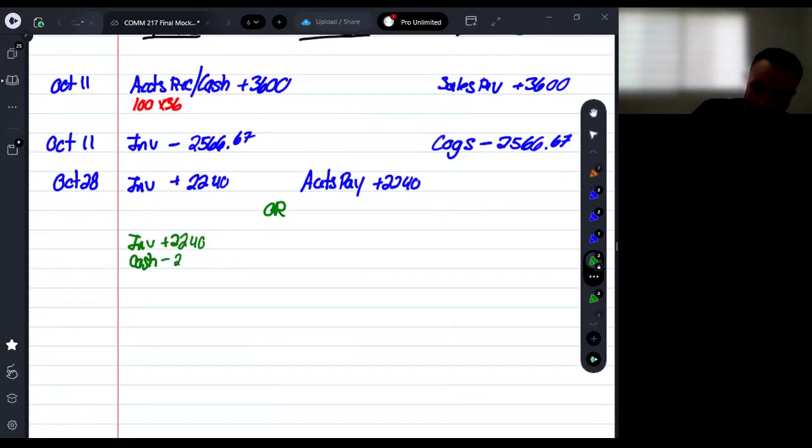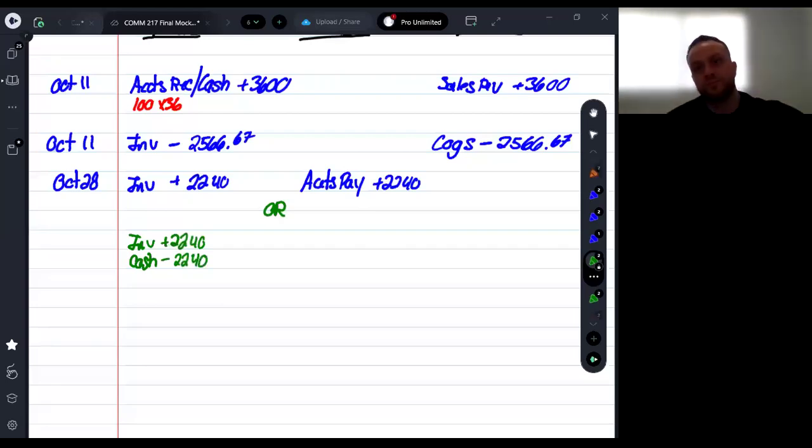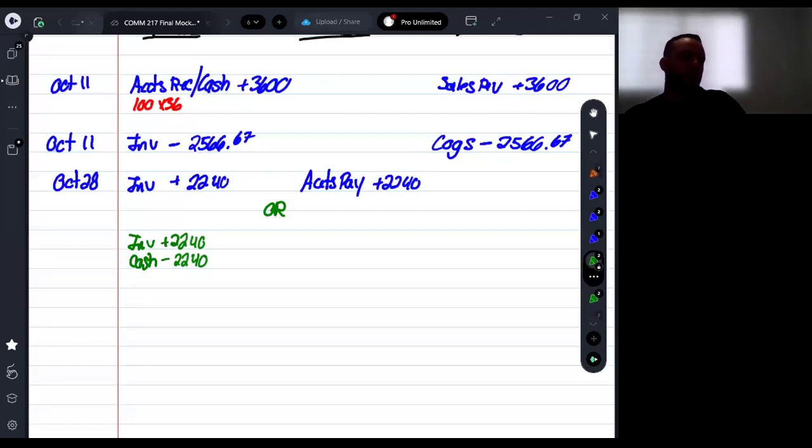But for this particular question, because it didn't specify that the purchase was made on account, realistically, you would use cash. Unless it says explicitly on account, you assume it's cash. Yeah, but on the exam, it's gonna be clear. It's gonna tell you cash or account. Okay.